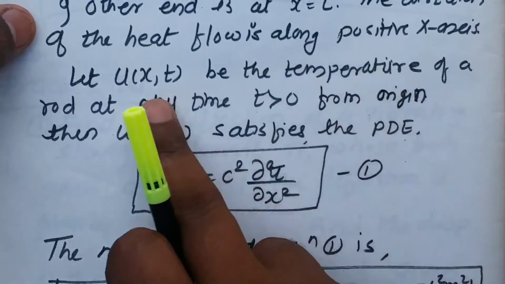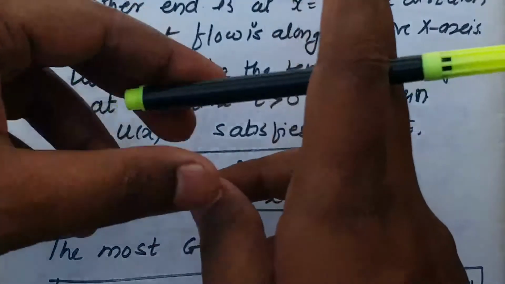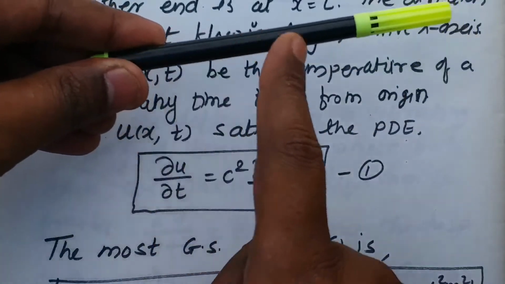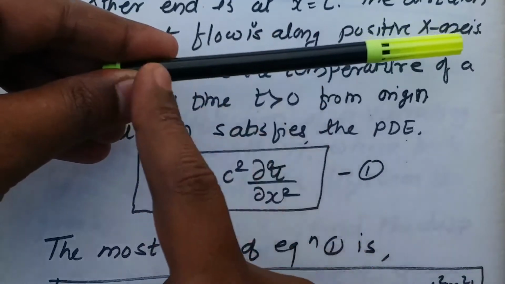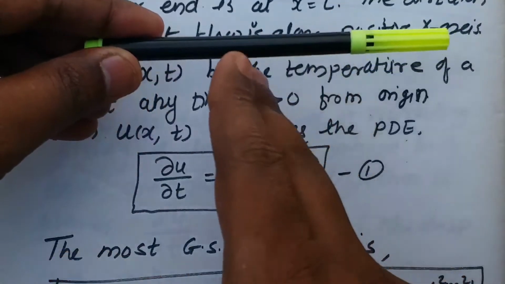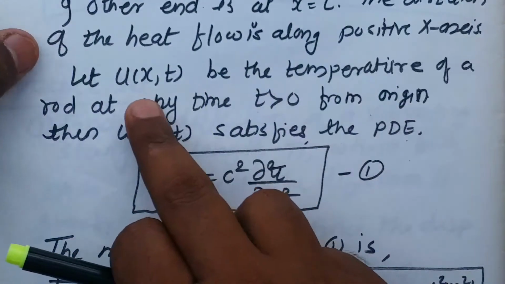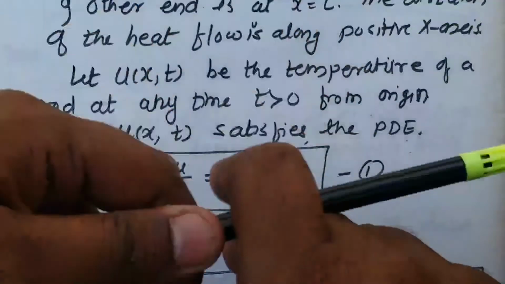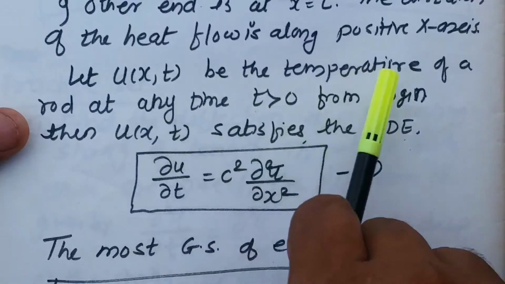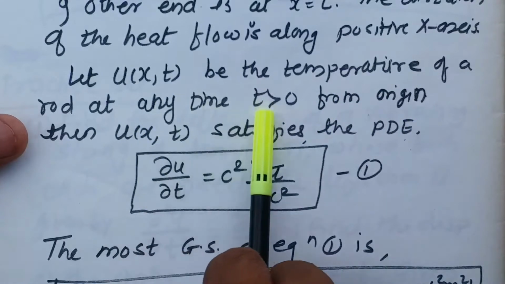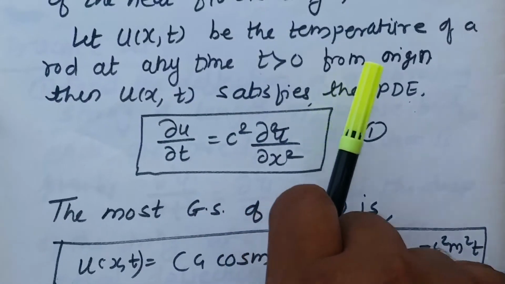The temperature depends upon the value of x, at different points, and at different times t you will have different temperatures. This means the temperature depends upon the distance as well as on time. So this denotes the temperature of the rod at any time t greater than 0. Time we always consider positive, t greater than 0, from the origin.